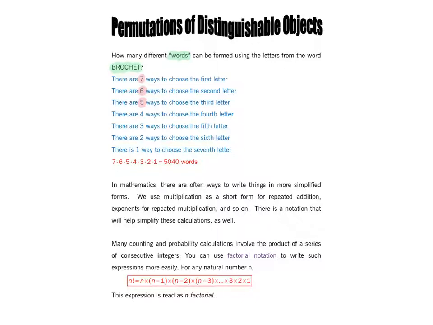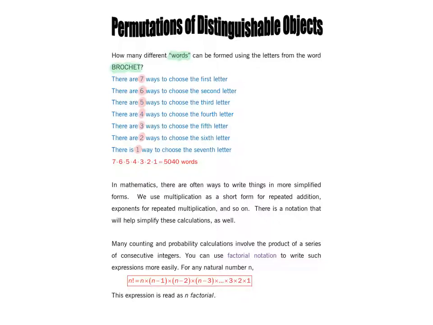Okay? 4 ways to choose the fourth letter, 3 ways to choose the fifth letter, 2 ways to choose the sixth letter, and 1 way to choose the final letter, because that's all that's left. Okay?